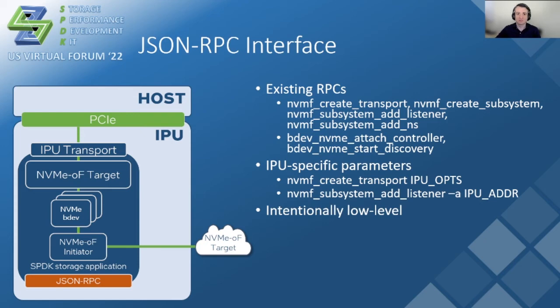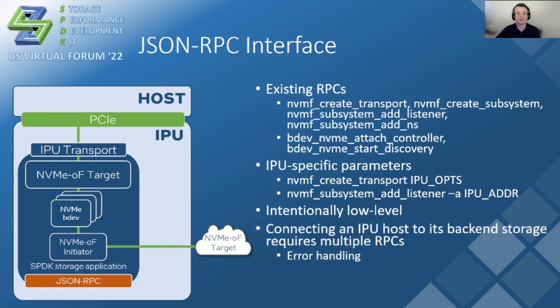And this JSON-RPC interface is intentionally very low level. Its principle is to allow the user to control each and every knob that the software allows the user to turn. This gives you a lot of flexibility, but also adds some complexity.